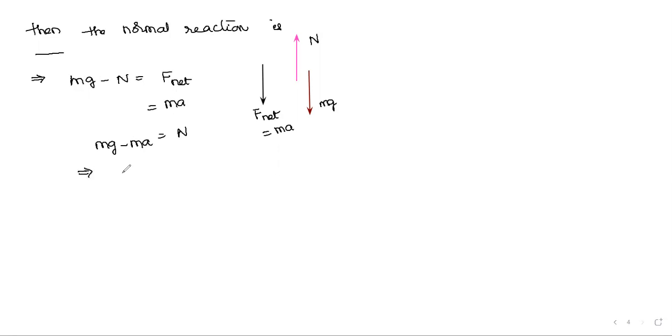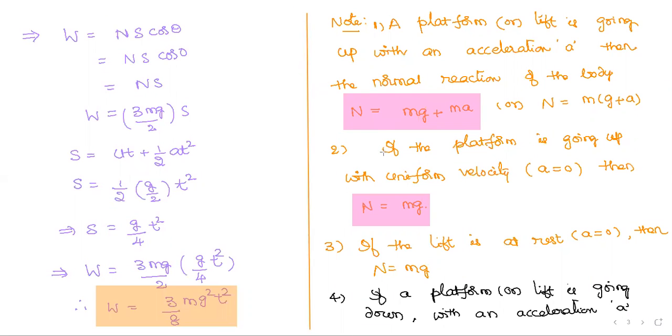So you can write that N is equal to either mg minus ma or m into (g minus a) when it is going down. Okay, try to remember when the lift is going down. This is lift going down, platform going down with an acceleration.